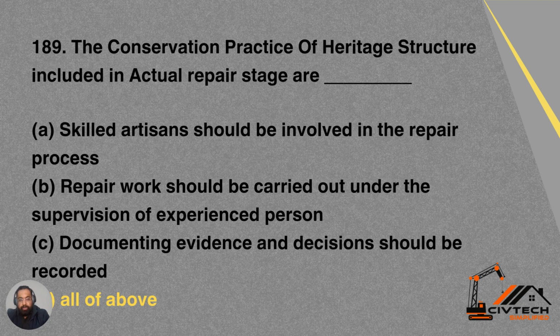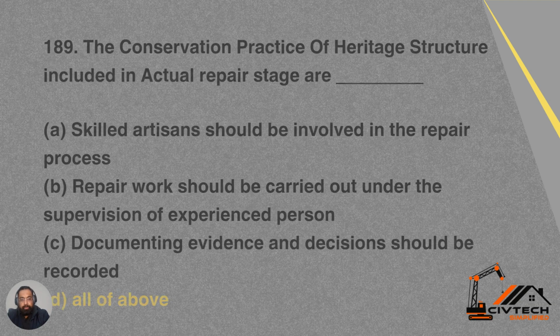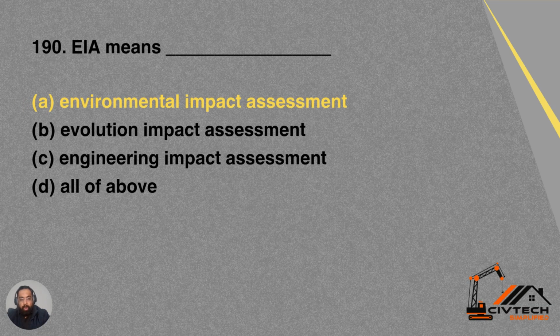Option B, repair work should be carried out under the supervision of the experienced person. Option C, documenting evidence and decisions should be recorded. Option D, all of the above. So all these are the correct options.